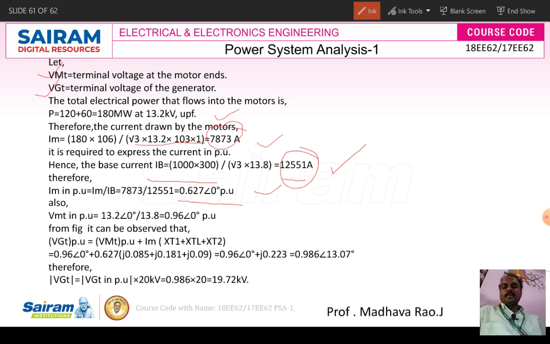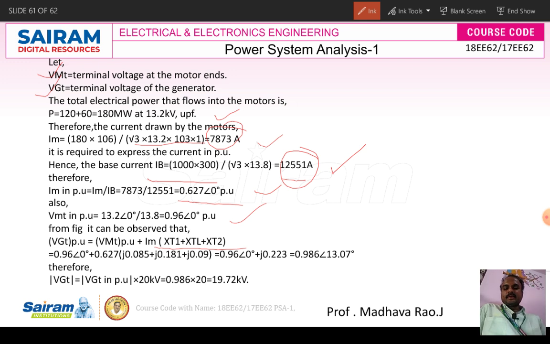VMT in per unit is equal to 13.2 by 13.8, which is 0.96. VGT is equal to the VMT voltage plus IM into the transformer 1 reactance plus transmission line plus transformer 2 reactances. So we add the reactances and multiply with IM.